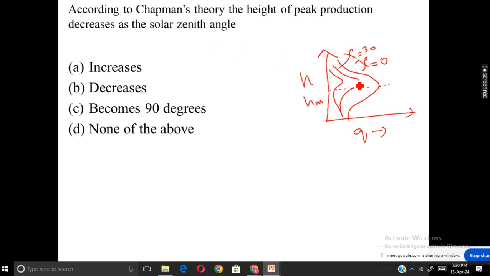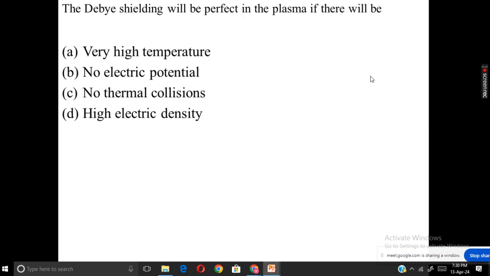So basically, the height of peak production decreases as the solar zenith angle decreases. When it comes from 30 to 0, this is the height at which peak production occurs, and at solar zenith angle equal to 0, this is the height at which peak production occurs. So it is basically decreasing with a decrease in the solar zenith angle. So decreases is the answer.